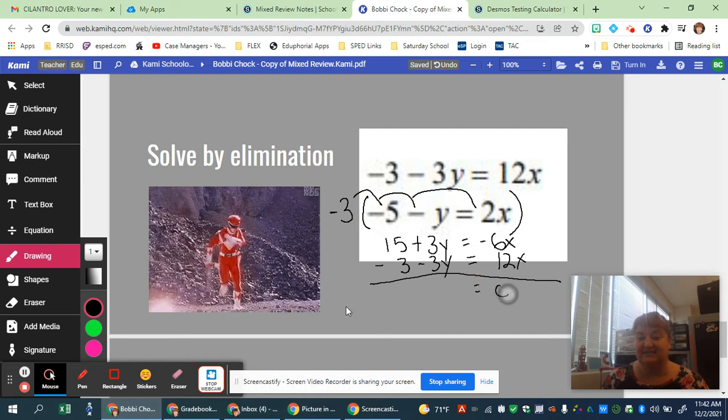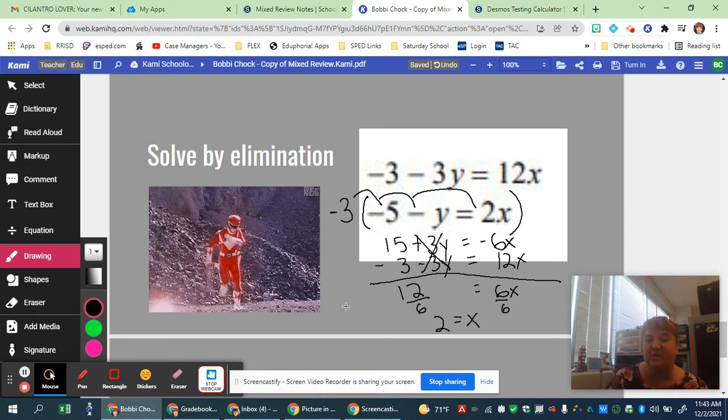So I get 6x, this eliminates, equals 12. Divide by 6, x equals 2. See that? If you have an equation where you can line them up, then this is a good method to use, when you can line them up and make one that can be eliminated.